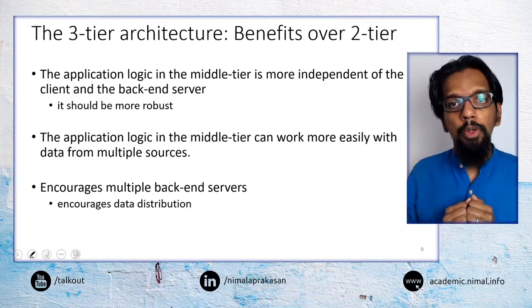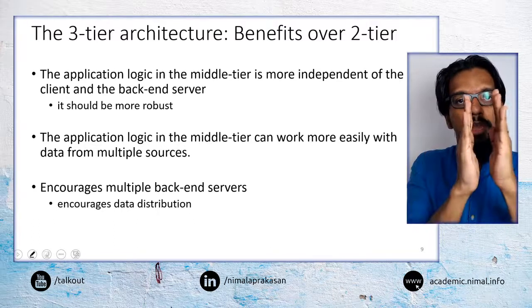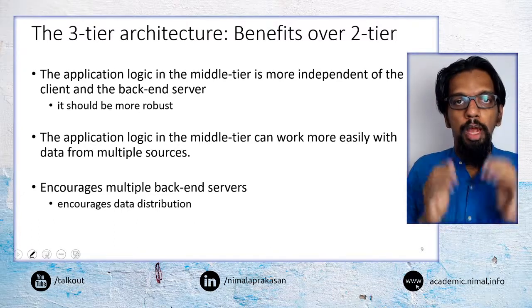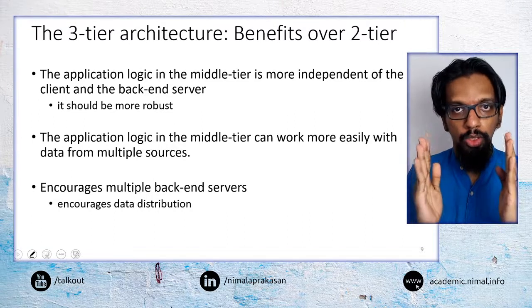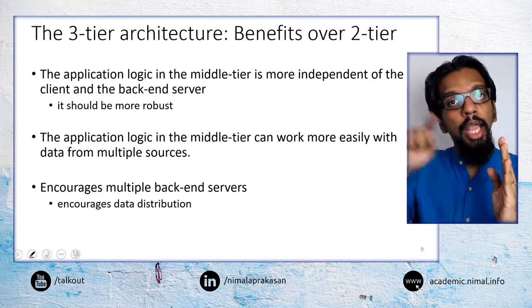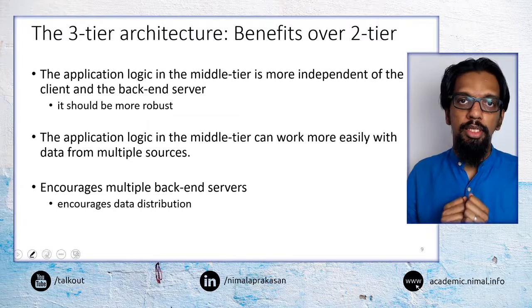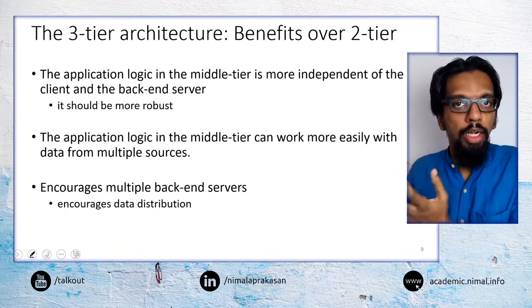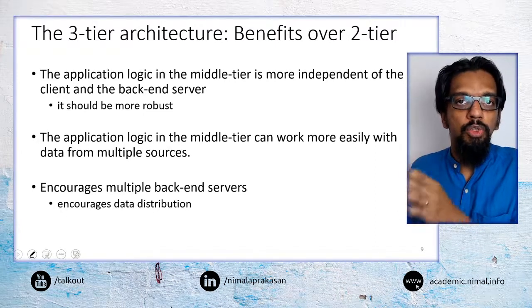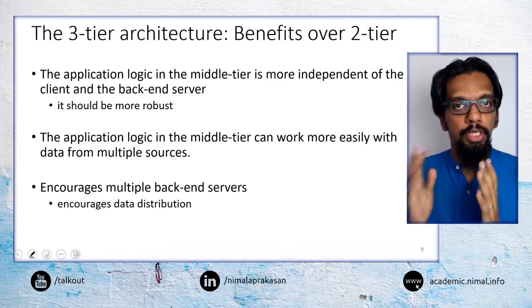And one of the other possibilities is, because now we have split these things into two parts, the middle application layer, the logic layer, can now access multiple databases. Because in the two-tier architecture, we only had to use one type of database, only one data source, because that is built into the same server.